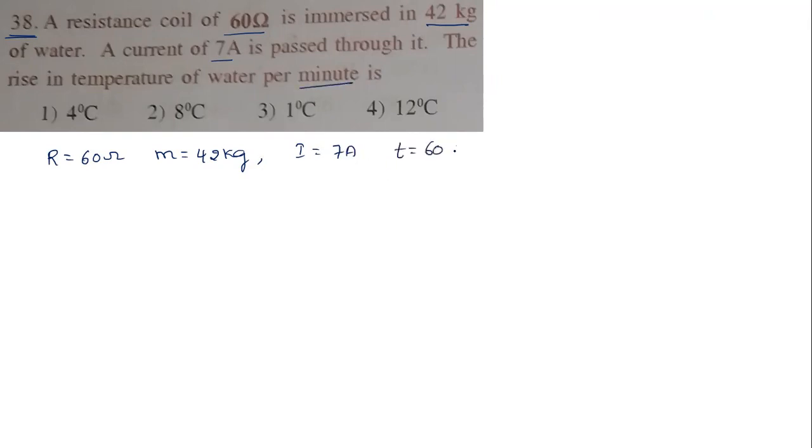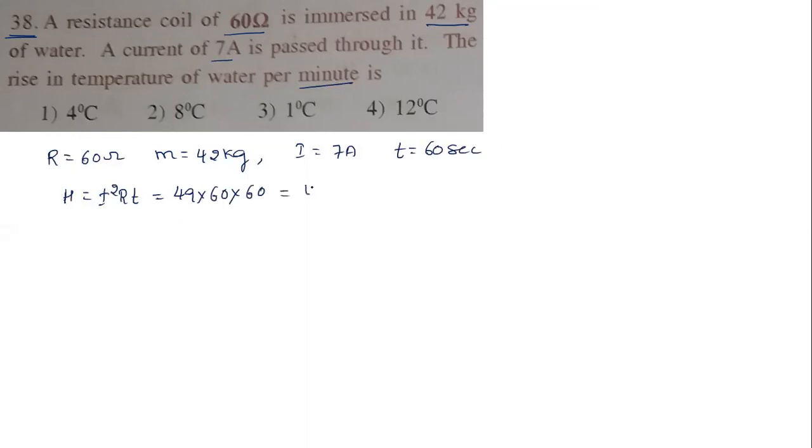It is 60 seconds. Now let us first find out how much heat energy is going to be generated for 60 seconds. Based on that heat energy, we are going to find out the rise in temperature later. So let's find the heat energy generated. H is equal to I square R times T. So I square, 7 square, is 49, into resistance 60, into time 60.